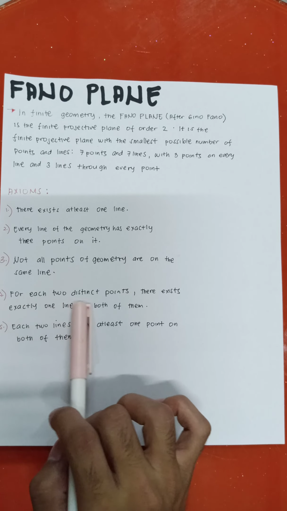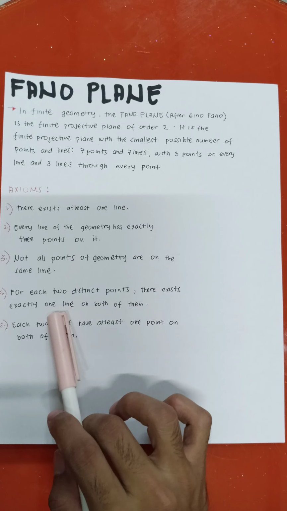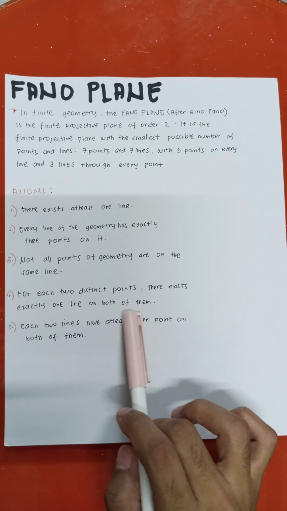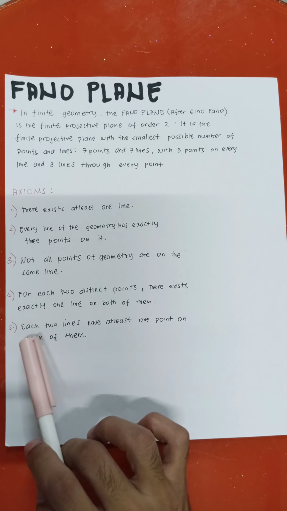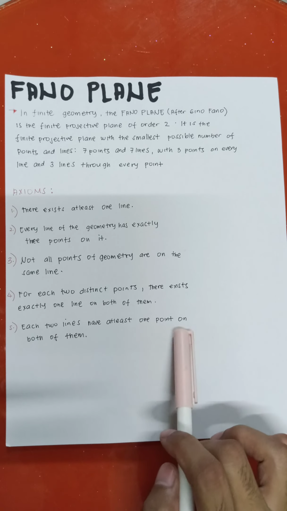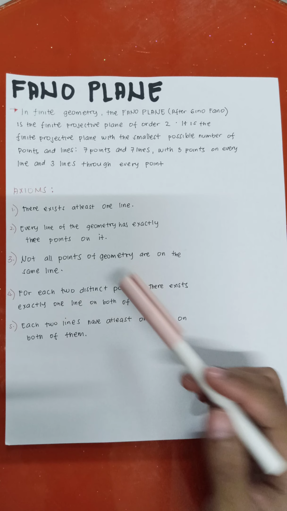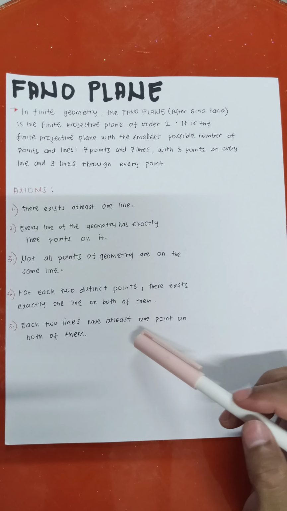For each two distinct points, there exists exactly one line on both of them. Axiom 5. Each two lines have at least one point on both of them. So these are the 5 axioms of the Fano Plane.